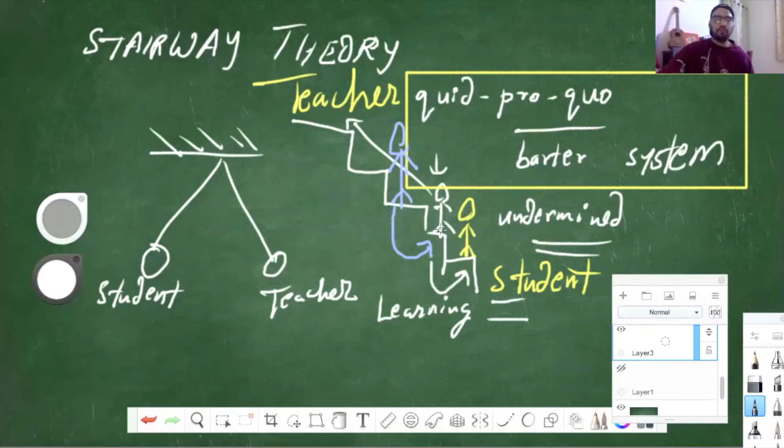As we say, there is no measurement unit for learning. You can't really weigh learning.